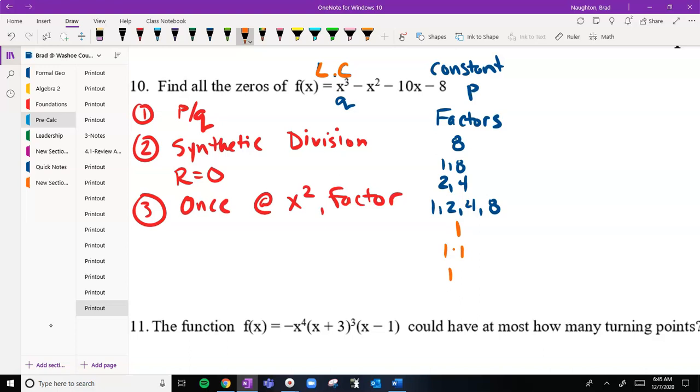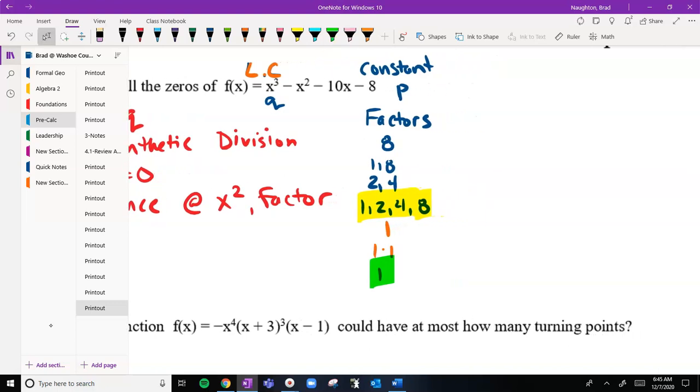Again, it's P over Q, so I'm going to take all these P's and put them over my Q's. The good news is Q is just a 1, so it's going to be exactly what the P's are. So my list of possible zeros is plus or minus 1, plus or minus 2, plus or minus 4, plus or minus 8.